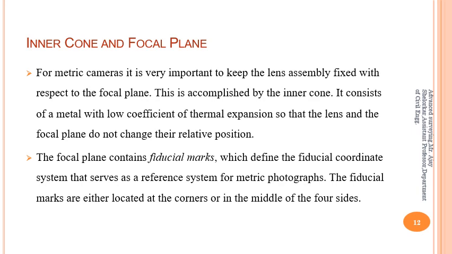The focal plane contains fiducial marks, which define the fiducial coordinate system that serves as a reference system for metric photographs. The fiducial marks are either located at the corners or in the middle of the four sides.